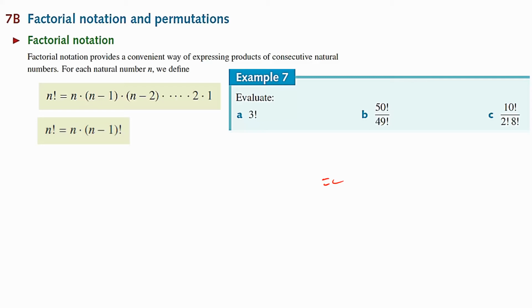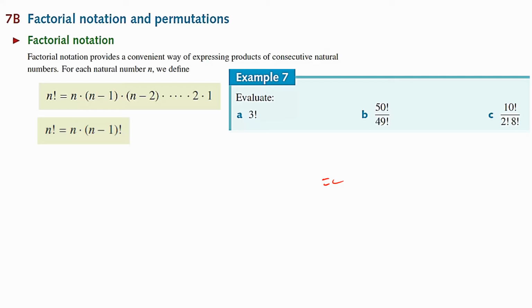Why can't I just rewrite the top line, the numerator, as 50 times 49 factorial? Because 49 factorial is the same thing as saying 49 times 48 times 47 times 46. True? Yep. And that's what this line is saying: take n times the one before that factorial. If I divide that by 49 factorial, this is actually easier to solve.